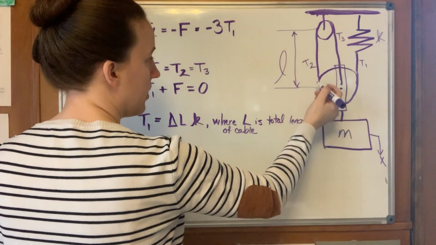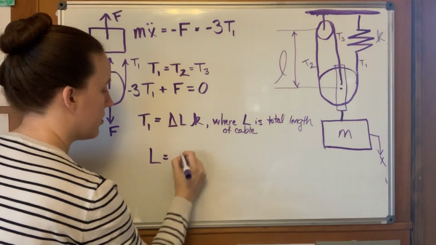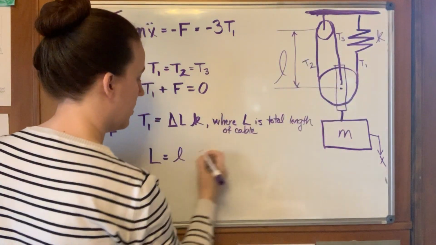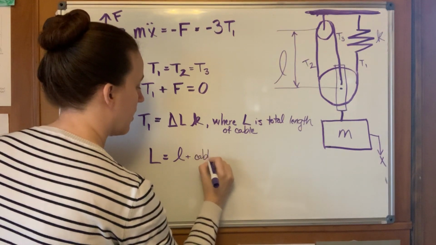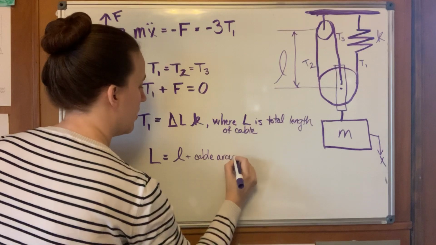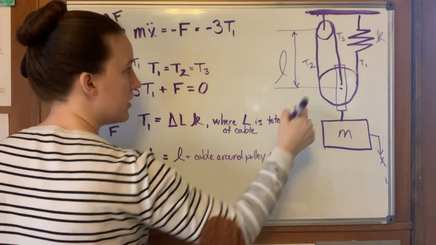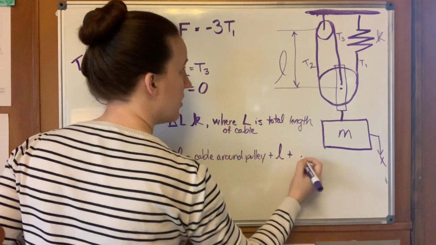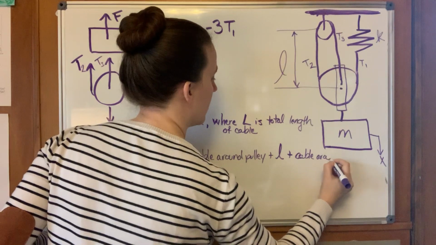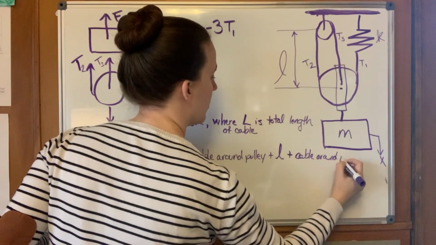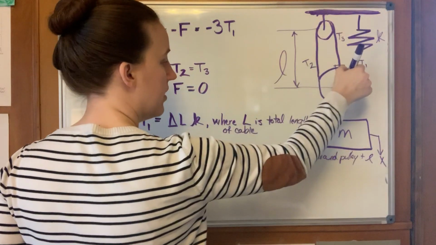So we could say L is going to be equal to little l plus cable around pulley plus little l plus cable around pulley plus little l again.